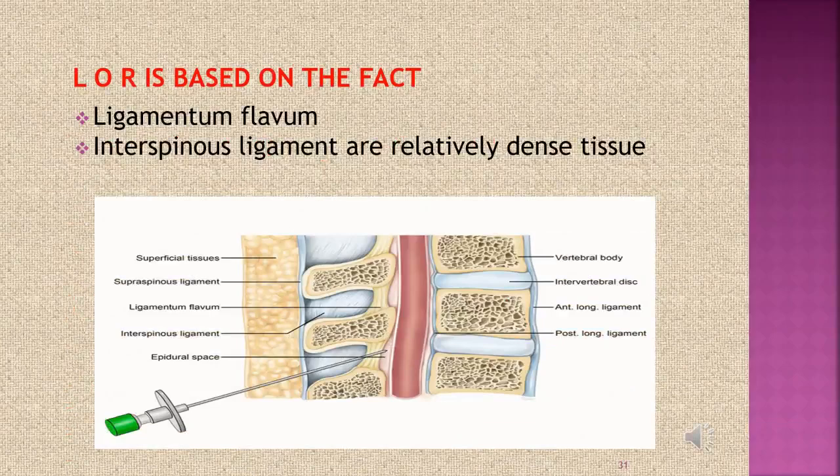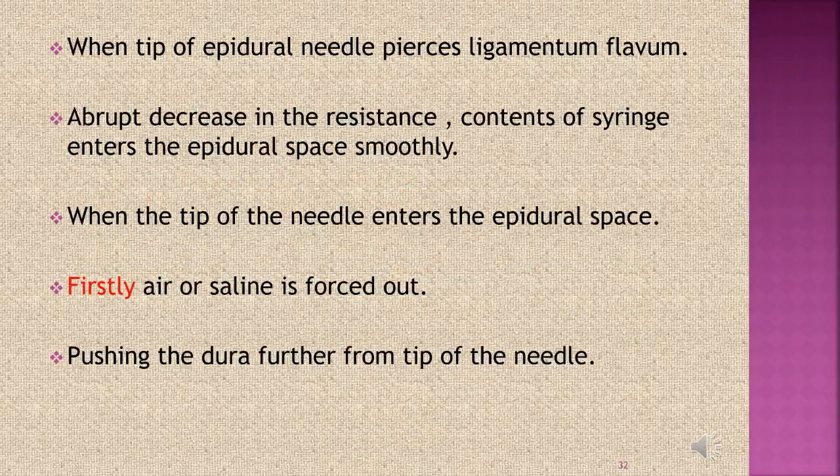The loss of resistance is based on the fact that the ligamentum flavum and interspinous ligament are relatively dense tissue. When the tip of the epidural needle pierces the ligamentum flavum, there is an abrupt decrease in the resistance. So, the contents of the syringe enter the epidural space smoothly.